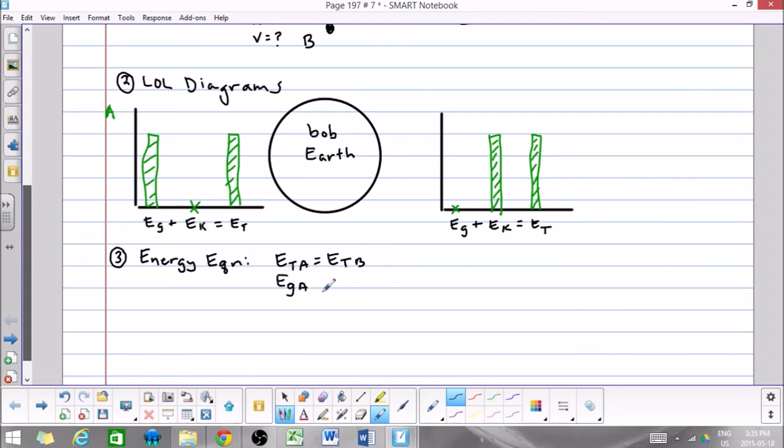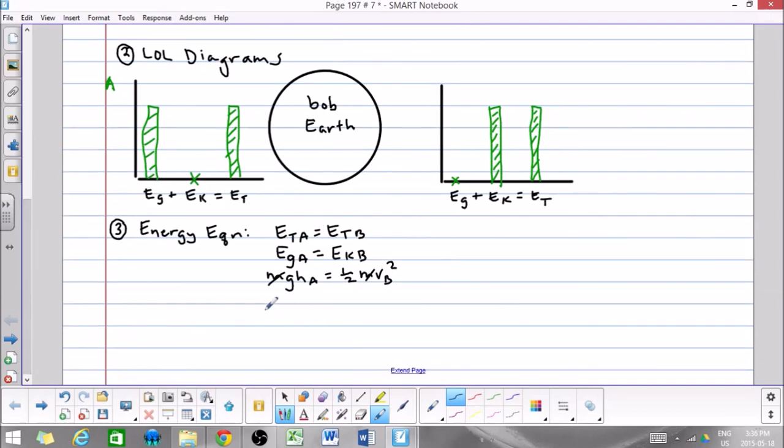At B, it's all kinetic energy. Gravitational potential energy is mg times the height at A. The kinetic energy is a half m v at B squared. Your masses cancel.